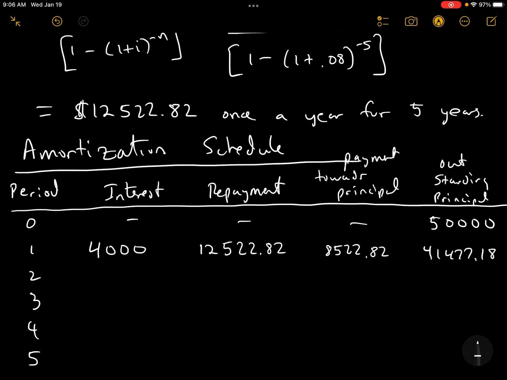Okay, so at the end of year 2, you take that $41,477.18 and you compute the interest on that, and it's $3,318.17. You make your payment. And then you go 12,522.82 minus 3,318.17, which gives you 9,204.65.